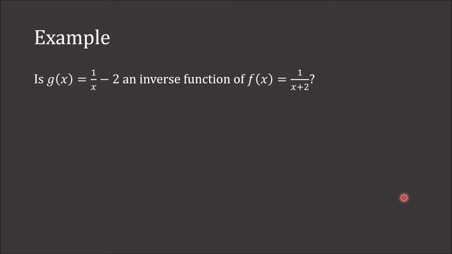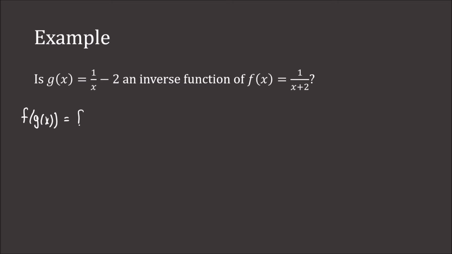So we have a function g of x is 1 over (x minus 2), and we're asked whether that is an inverse of the function f of x, 1 over (x plus 2). So to find out, let's first verify that f of g of x will give us x.